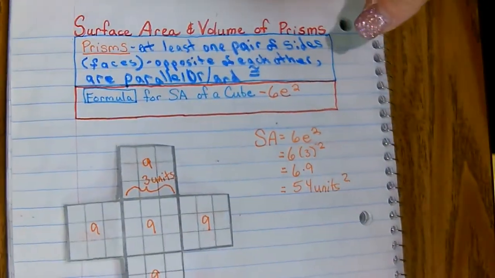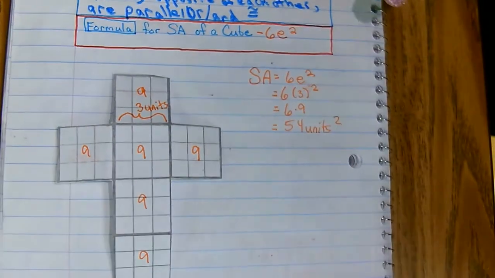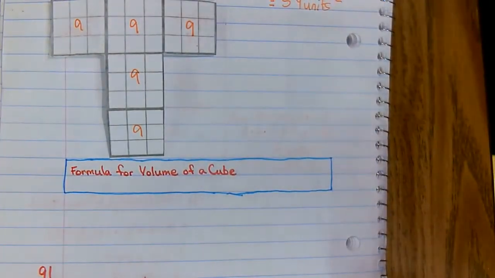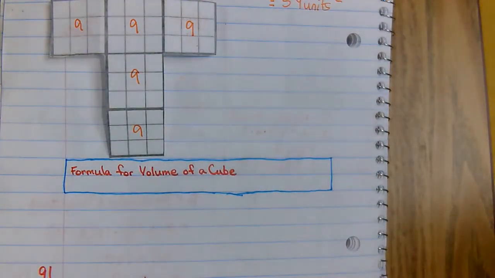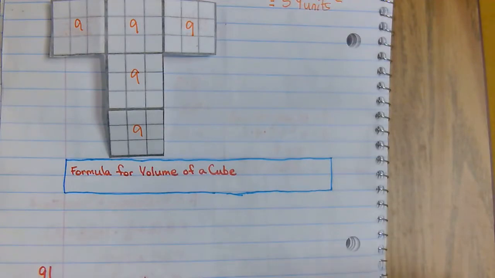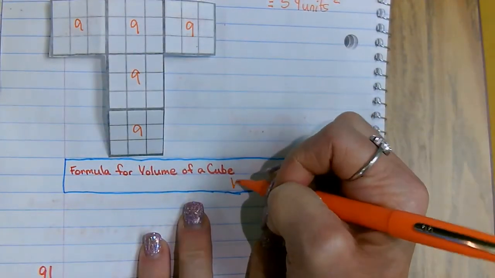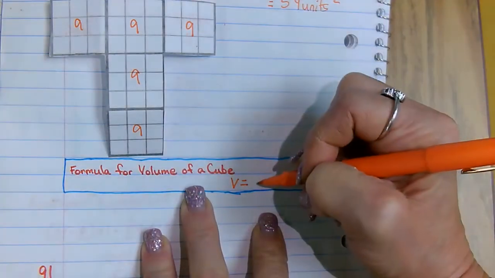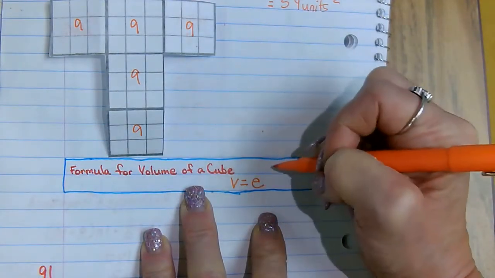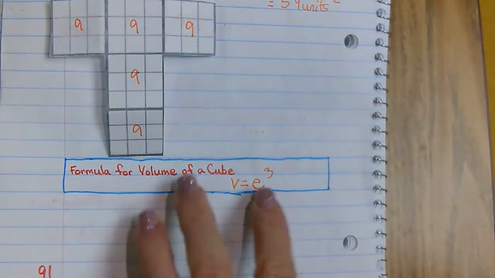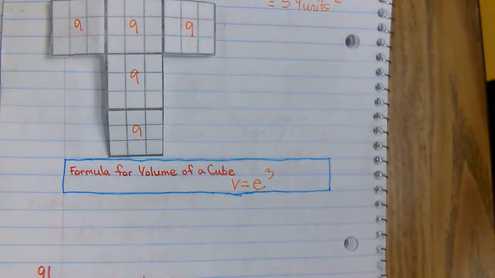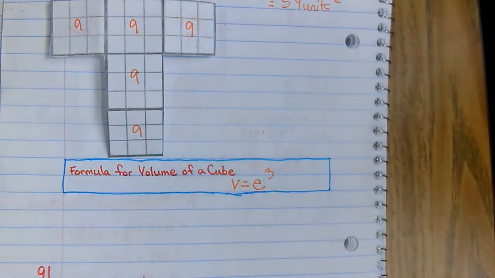Now let's talk about the formula for volume of a cube. On the formula for a volume of a cube, let's take a look at this. The formula is V equals E, or some people use S, but it looks like a 5, to the third power, because a lot of times you think about it as length times width times height, but it's a cube, so all the sides are the same.